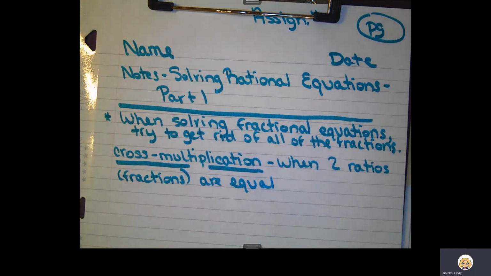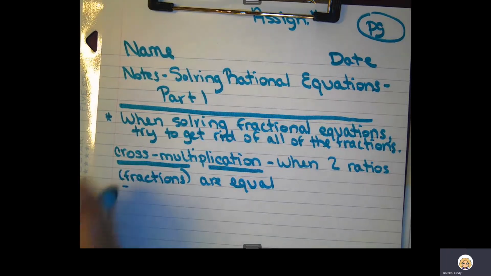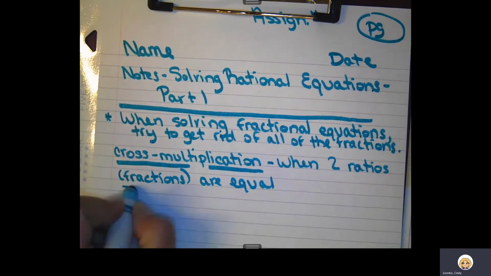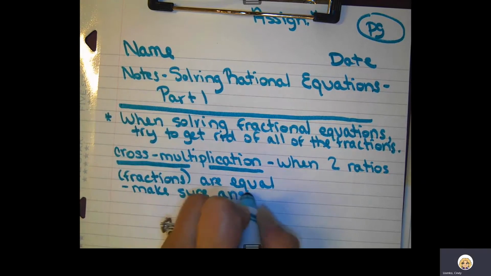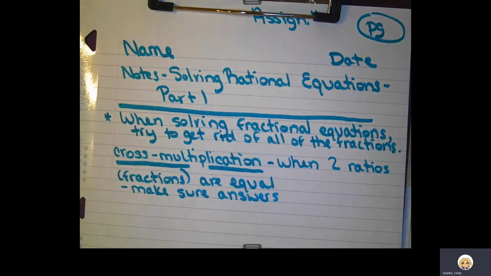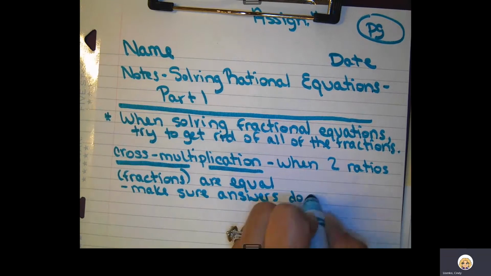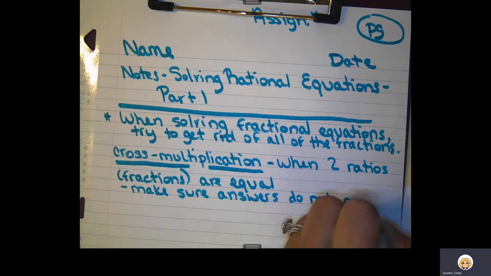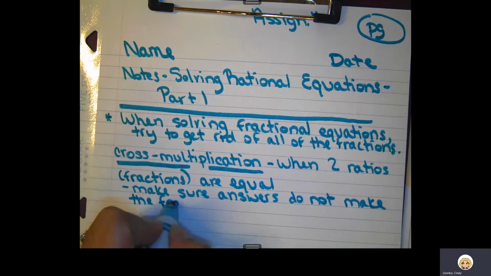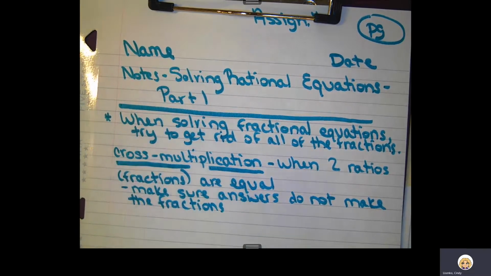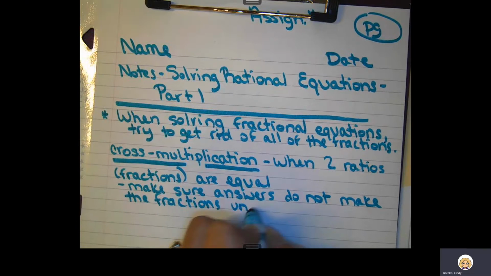And you always want to make sure that when your answer is done, that your answer wouldn't make it undefined, meaning you don't want the denominator equaling 0. So I'm just going to put a little tiny note underneath this. Make sure answers do not make the fractions undefined.